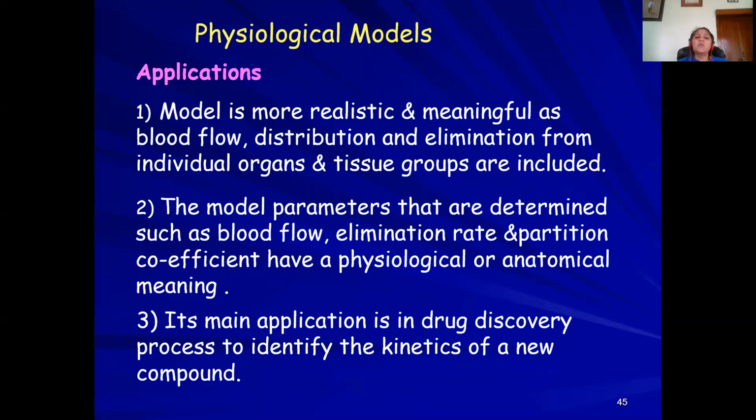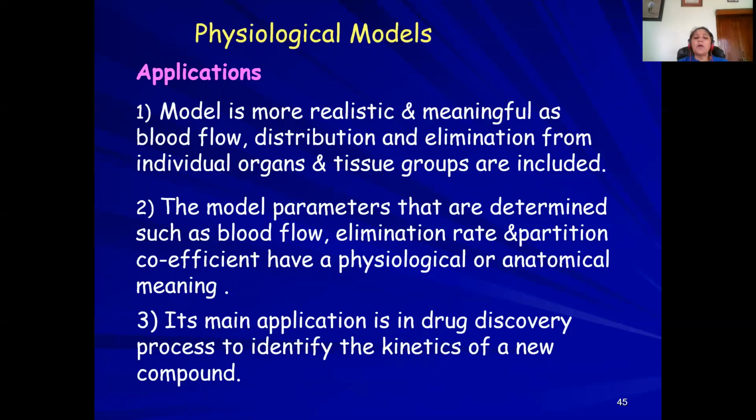Now this model is much more realistic and meaningful compared to the other two models, as blood flow, distribution and elimination from individual organs and tissue groups are included. The model parameters that are determined are blood flow, elimination rate, partition coefficient, and all these have a physiological or anatomical relevance.